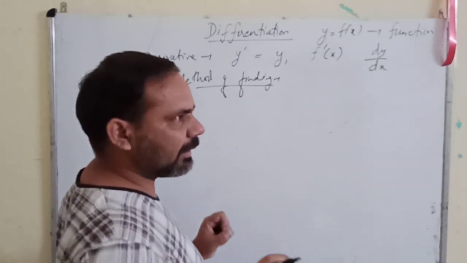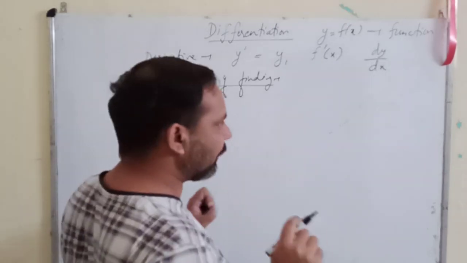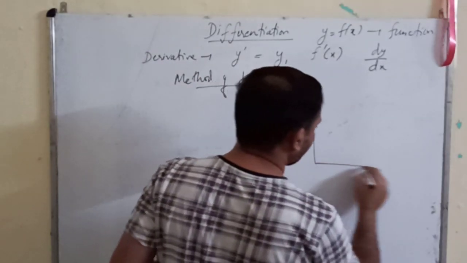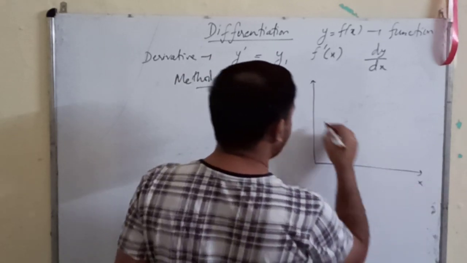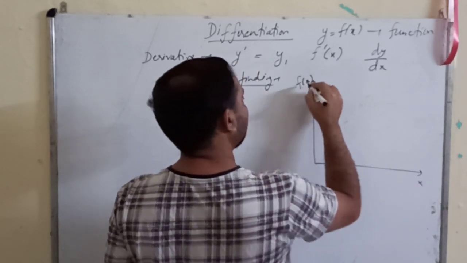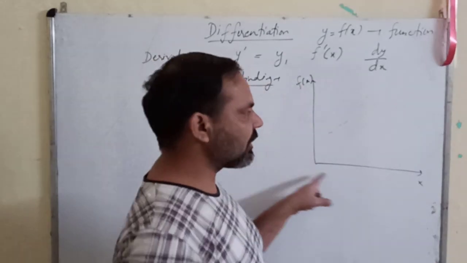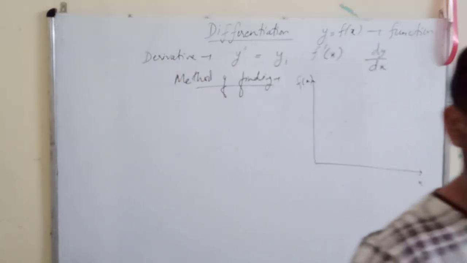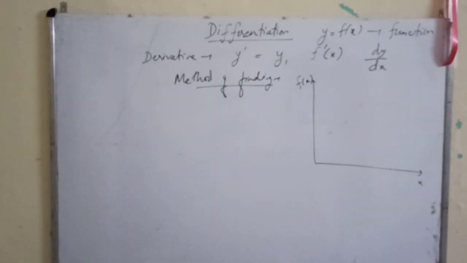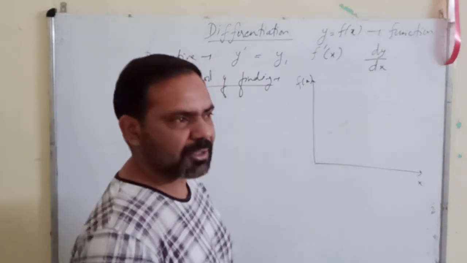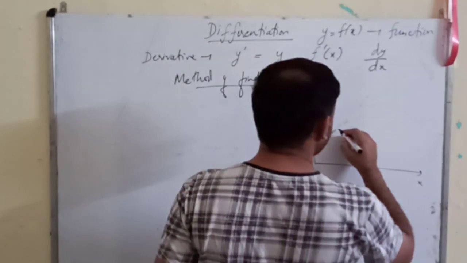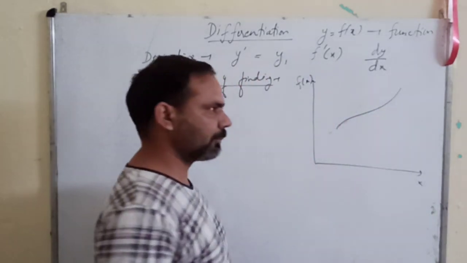Let me tell you one thing: what is a derivative? What does it mean? Suppose you have x and you have f(x). This is your pre-image axis and this is your image axis, and you are getting a graph this time.